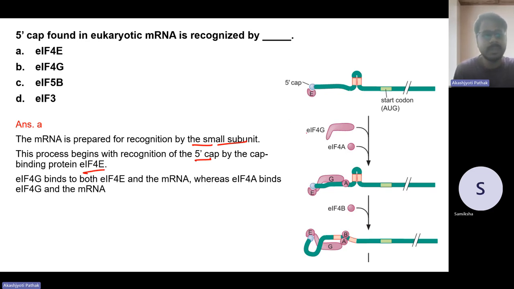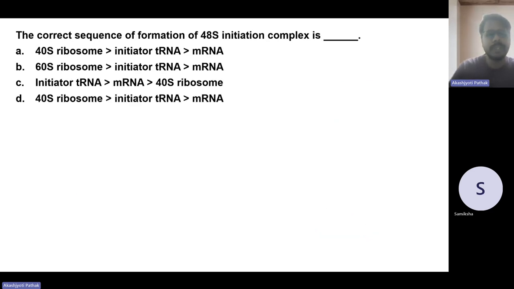Following eIF4E, eIF4G is recruited, which will bind to both eIF4E and mRNA, and after that eIF4A will bind to eIF4G and mRNA, and then eIF4B will come.